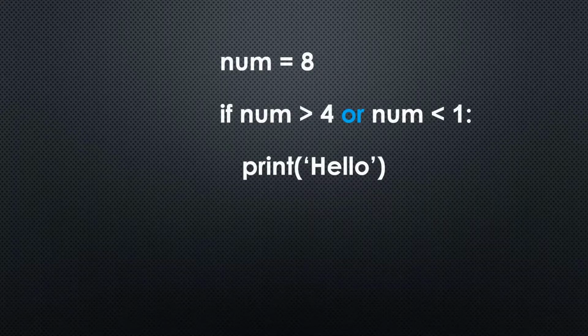So now you can see how powerful these operators can be in creating composite conditions inside of our if and elif statements. With that, I'll let you digest this topic for today and practice implementing these techniques into your own code.